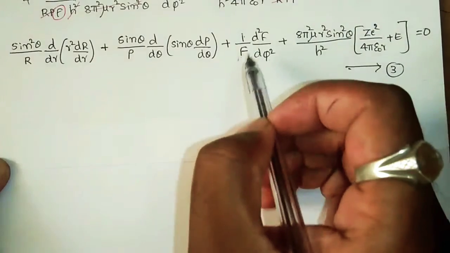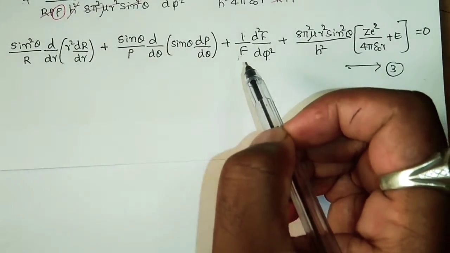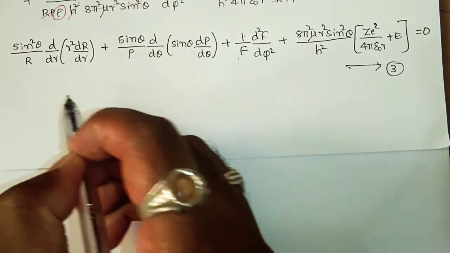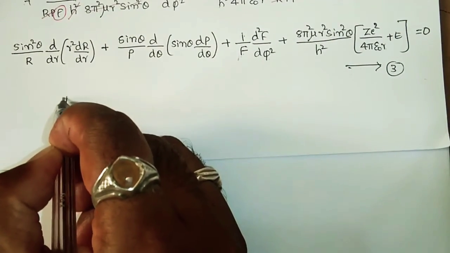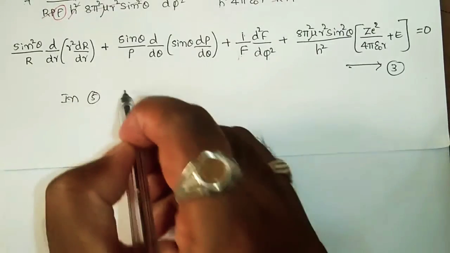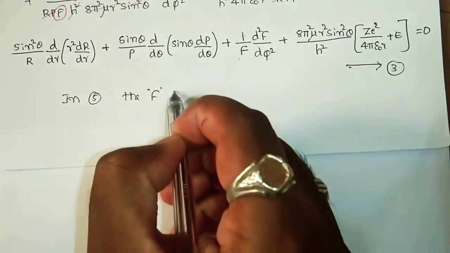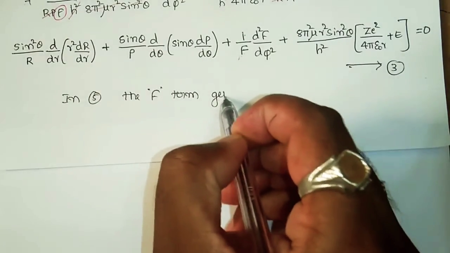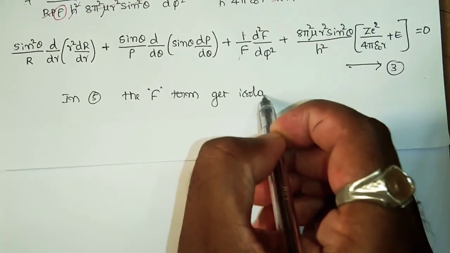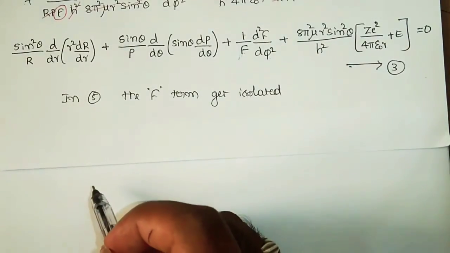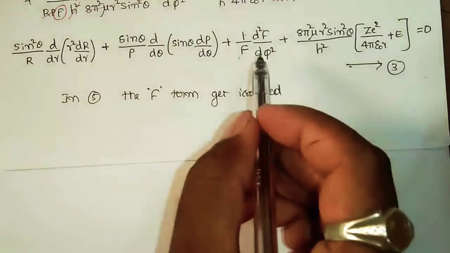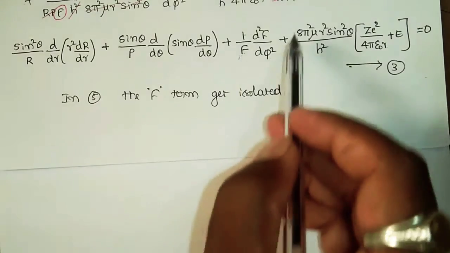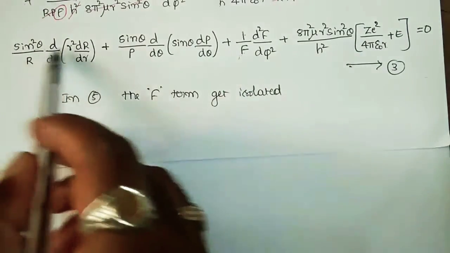In this equation, the f term got isolated, so we can say that if there are any changes in phi, they will not alter the remaining part.